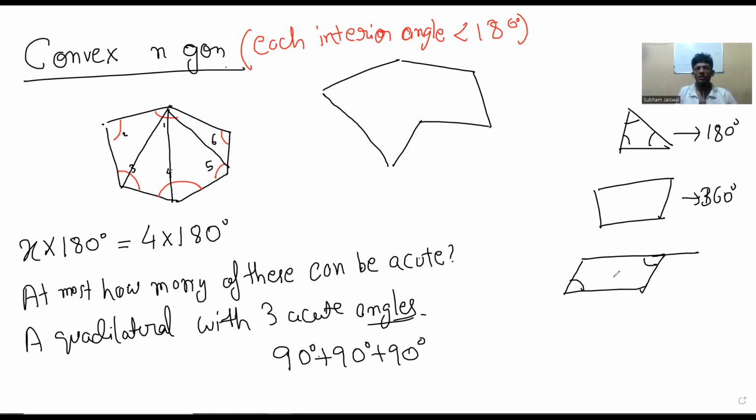So if this is more than 90, and this is also more than 90, and this is also more than 90, it doesn't create a problem, right? It is just more than 270, which is not a problem. But somehow we are missing something.